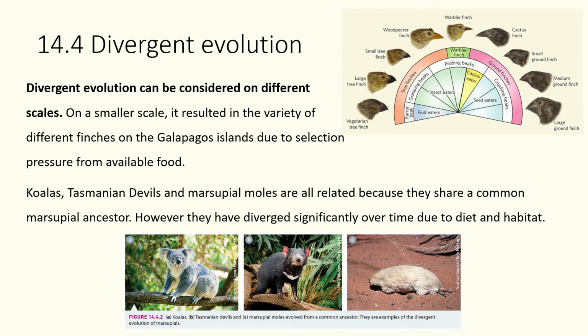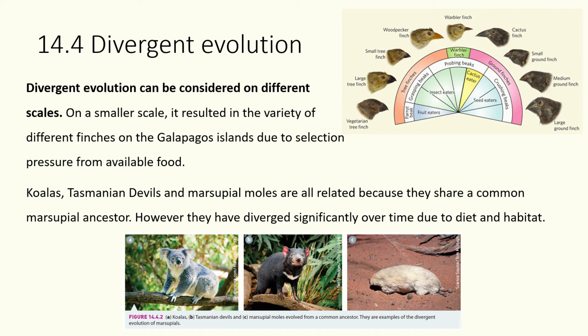They have a recent common ancestor that they all stemmed from, and they diverged due to different selection pressures from availability of food. So one common ancestor flying around those different islands has given rise to these 9 different species based on the type of food that they eat.